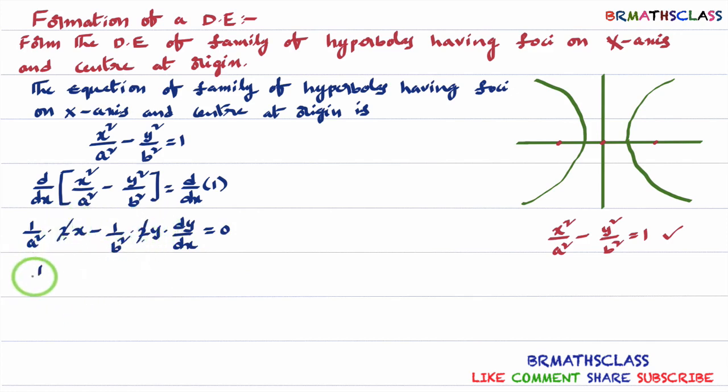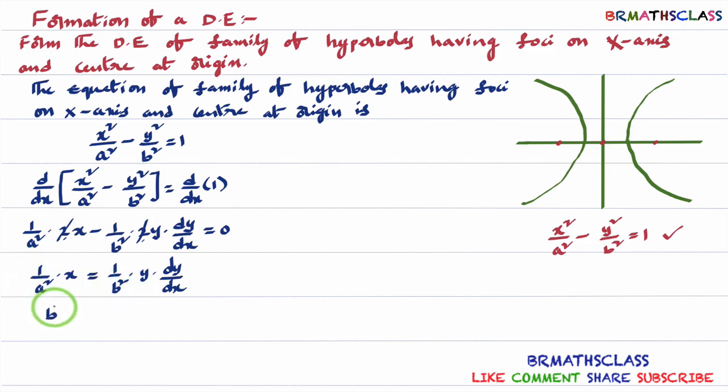So here, 1 by a square into x. I'll take this term to the right hand side. This minus will become plus 1 by b square into y into dy by dx. I want to write all constants at one side, so take x to this side and b square to this side.